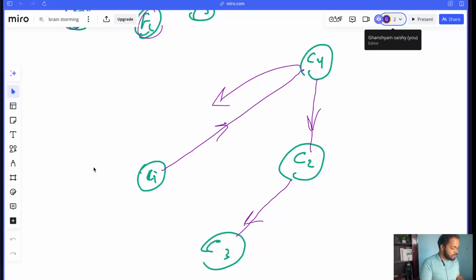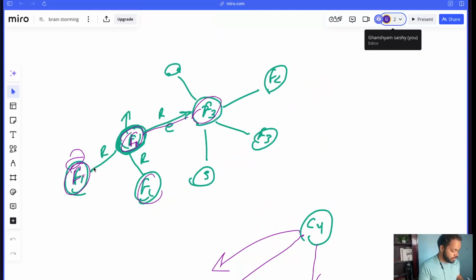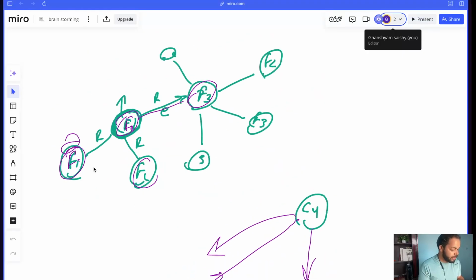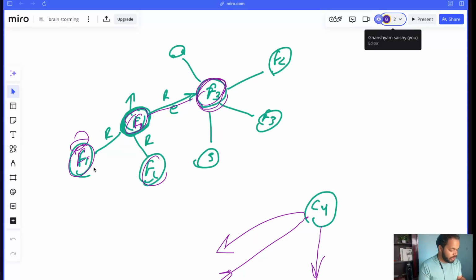So degree: if you see this diagram, and I take an example of C2, I will say the degree of C2 is... okay, let's take an example of an undirected graph first, then we'll go to the directed graph. For an undirected graph, degree is the number of edges connected. So F3 is connected to one edge, two, three, four, five edges.